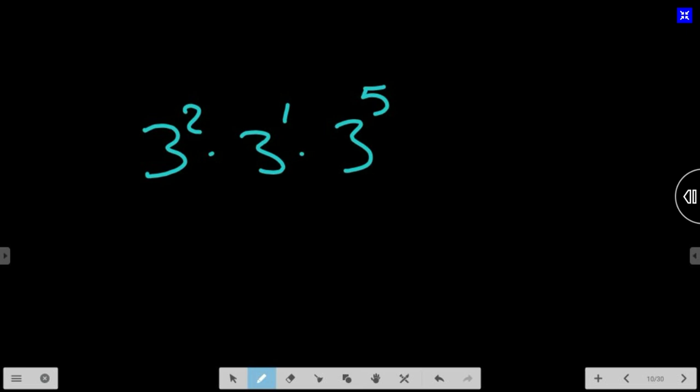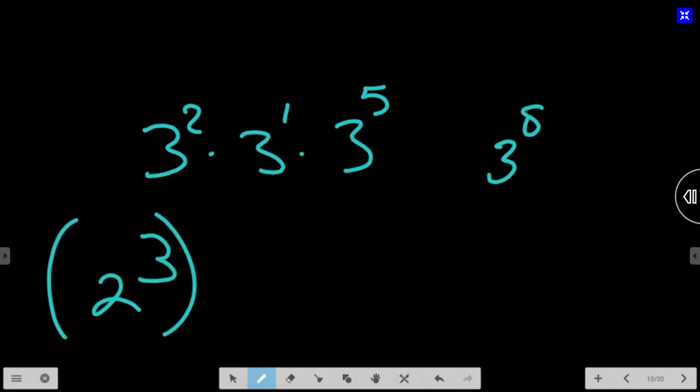So 3 to the 8th power. Looking at problem 29. Which one of these here on the board does problem 29 look like? So I should have 2 to the third. 2 to the 3 times 3 gives me 9.